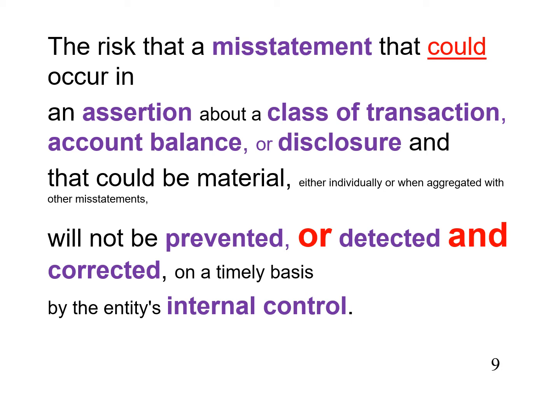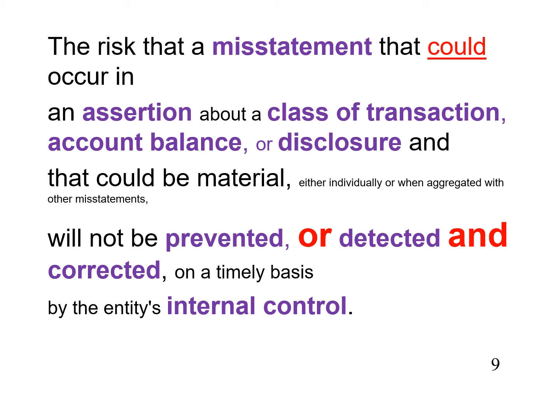Now you'll notice the or and and are highly emphasized here, and the reason they are is the client's internal controls can prevent a mistake. If they are designed to prevent mistakes, if there's no mistake, they will not need to correct them. So this is an or.